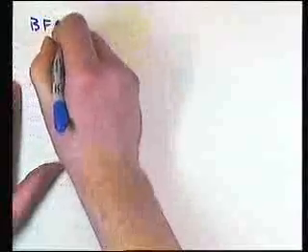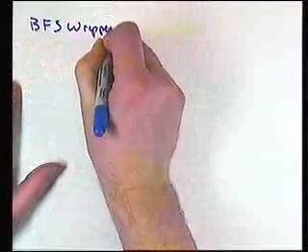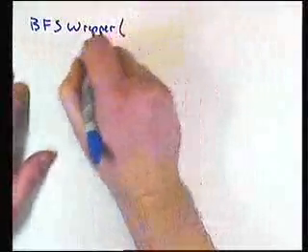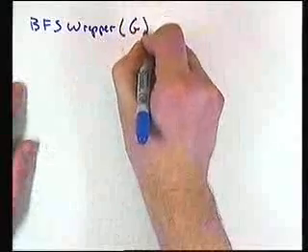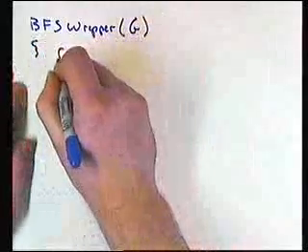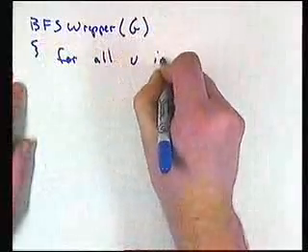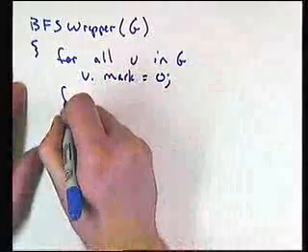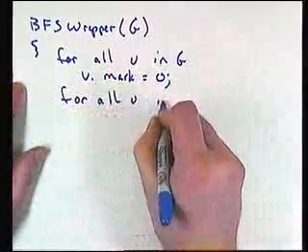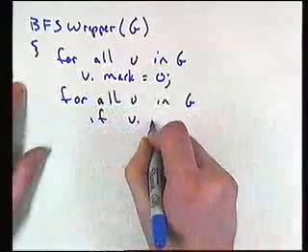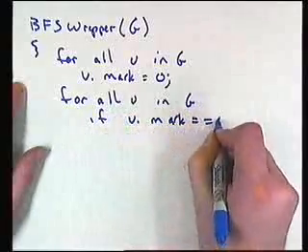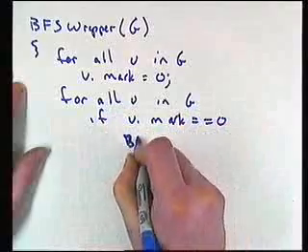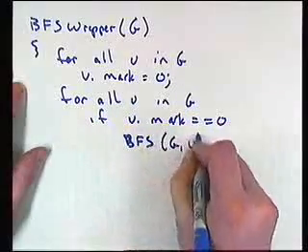But I could have commented that out and done something like this, and said, well, I have here a breadth first search wrapper where I say, this is just my graph, and for vertices in G, the mark is equal to 0, and then for all vertices in G, if v mark is equal to 0, then we'll call the core BFS operation on that graph with that vertex.